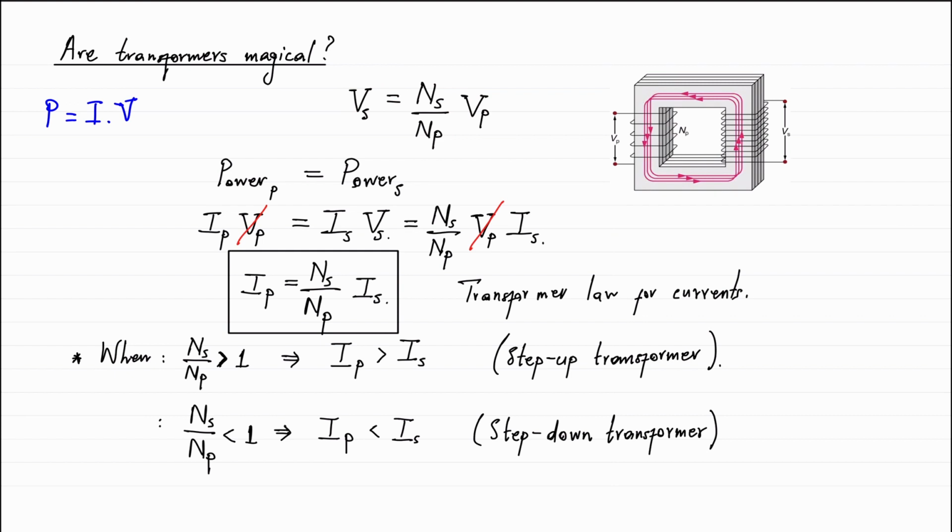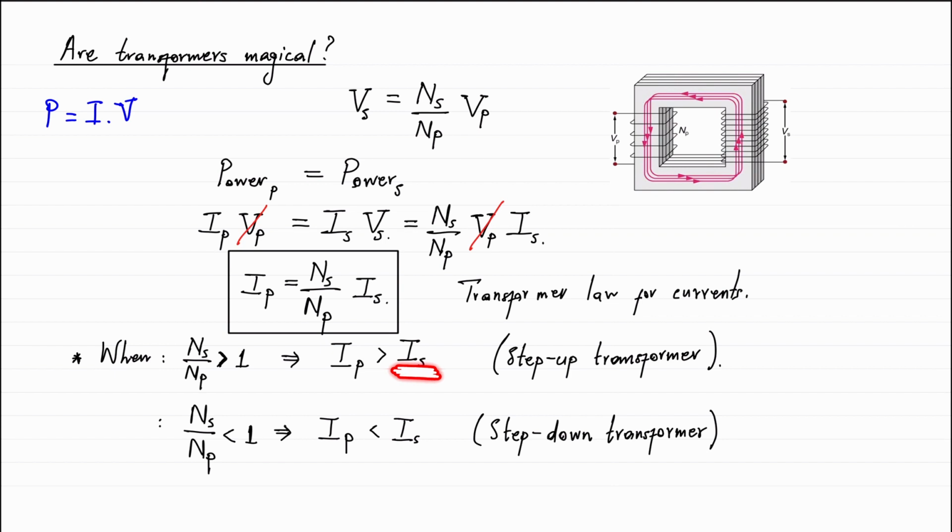What does this mean for us? Let me back up. Whenever the turns ratio is larger than 1, which means we have a step-up transformer, this means the current on the primary side is going to be larger than the current on the secondary side. So while a step-up transformer does increase the voltage, look at the cost of that.